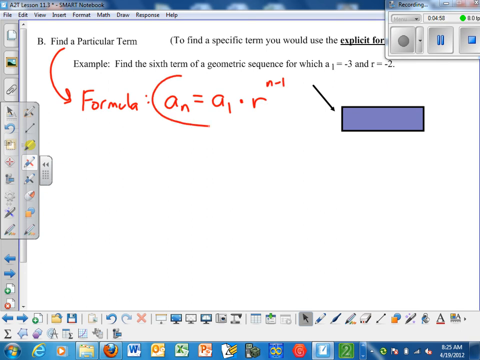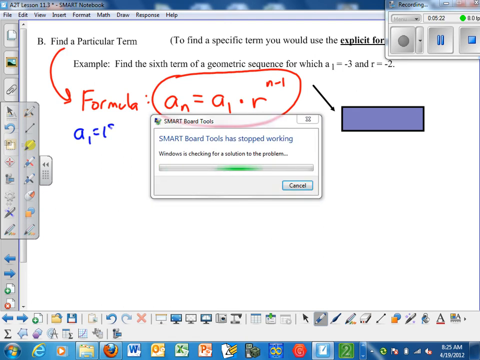This is the formula that you'll be using to find a particular term in a geometric sequence. This is for geometric now that we're dealing with. Okay, you kind of had an nth term formula for arithmetic. Now we're going to have one for geometric. Okay, that's the explicit formula. Remember these things, kind of the same notation terminology as arithmetic sequences where we're adding between terms. A1 is first term.